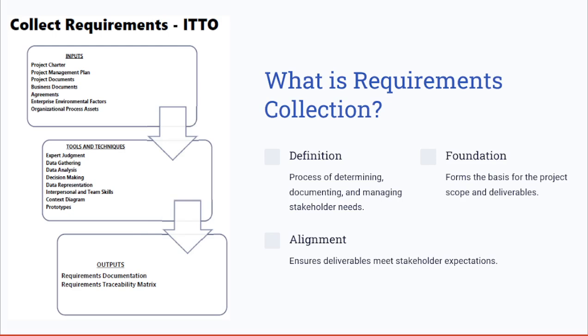Also, some of the interpersonal and team skills, including active listening, context diagrams, and prototypes. We will have a look at each of these tools, and the output for this key process is the requirements documentation, which serves as the key base for defining the scope.